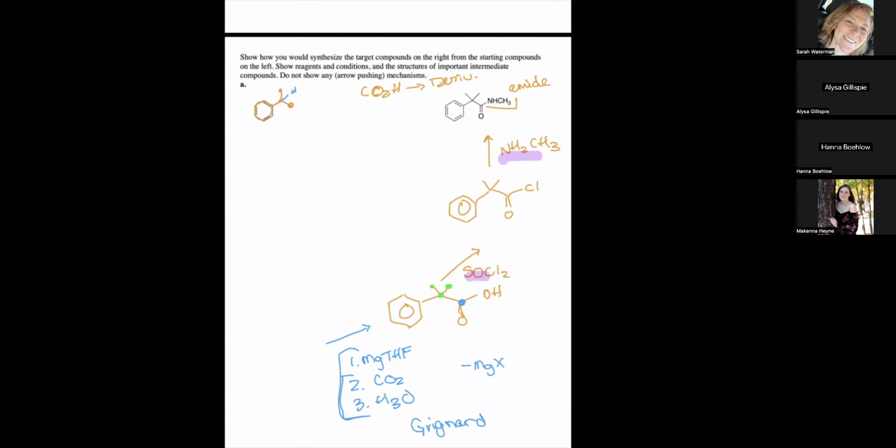This is good. Let me scroll down here where I have some space. I'm glad you said that. So when we have some sort of structure here, and we add, like you said, KMnO4, OH-, and then we do our acid workup step, we get a carboxylic acid. You're absolutely right, because this is an oxidative reaction.